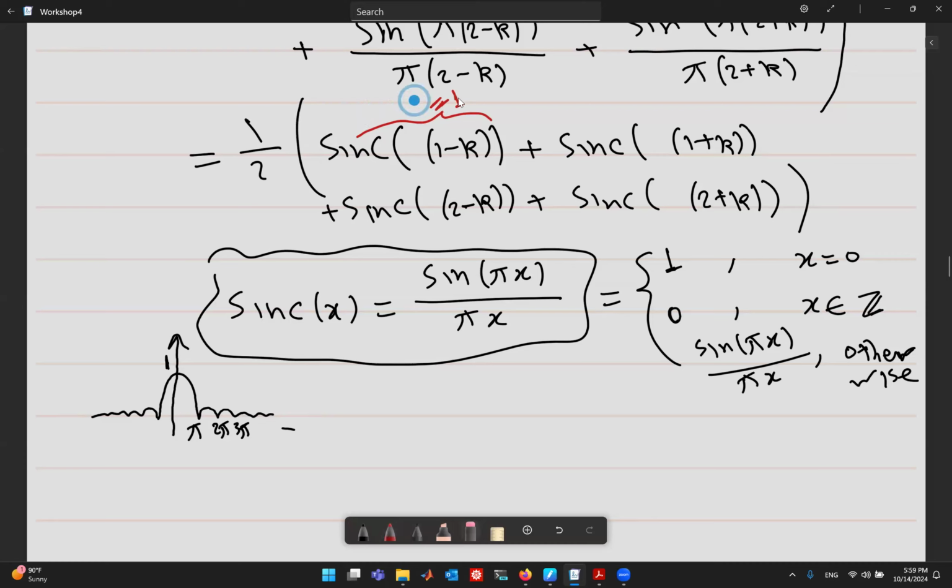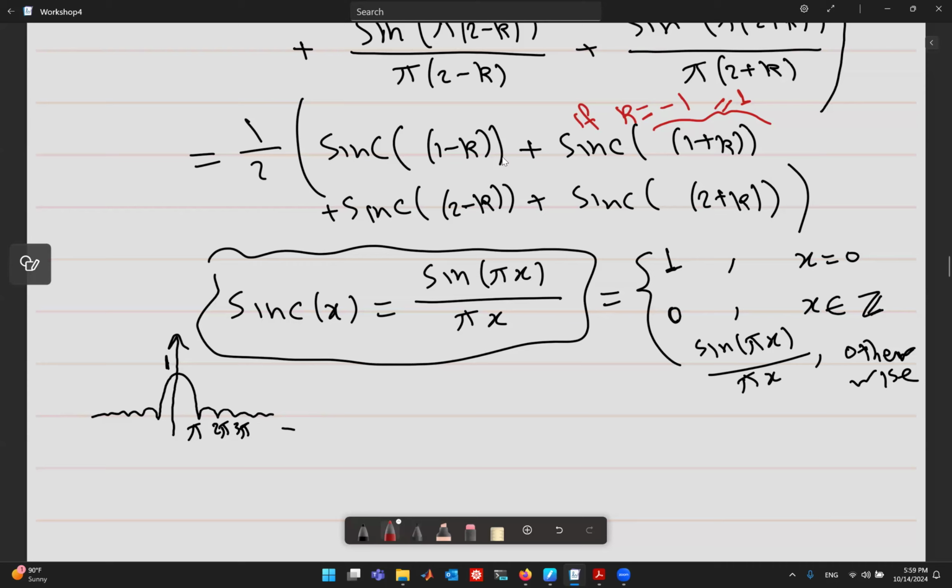Then when k equals minus 1, this term will be 1, right? Because it will be sinc at 0, and as we have said, sinc when x equals 0 will be just 1.